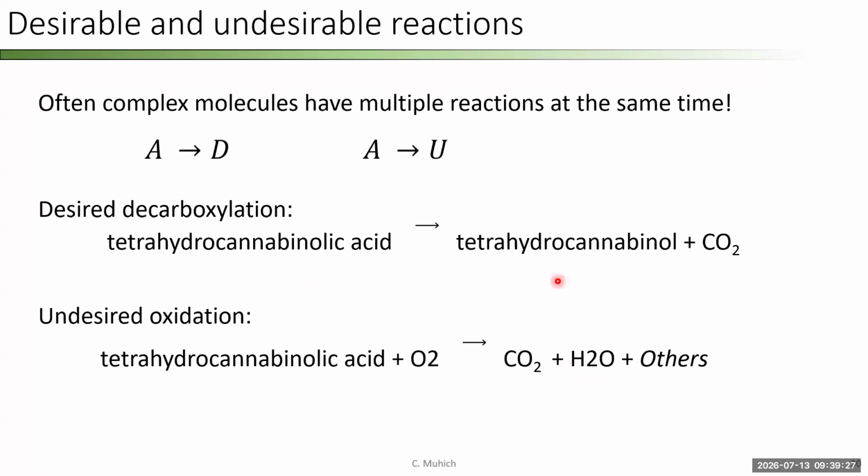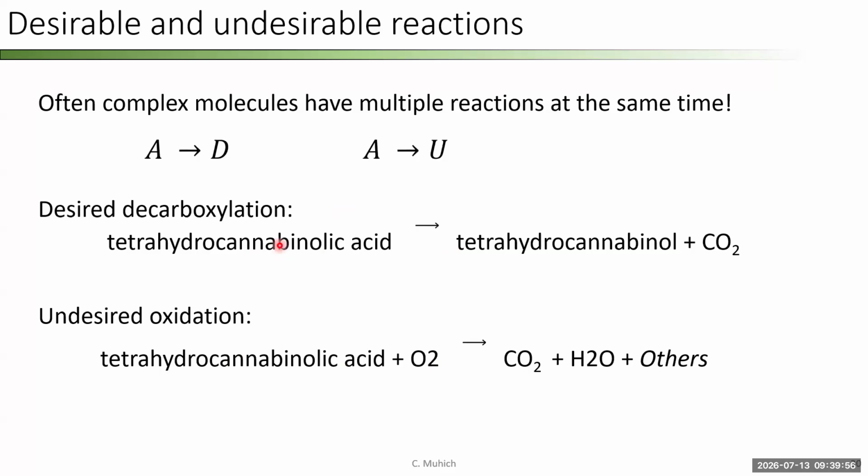So we want to control the situation as much as possible to drive the reactions that we want and minimize the reactions we don't want. So in this case, we would want to minimize exposure to oxygen during this decarboxylation reaction.